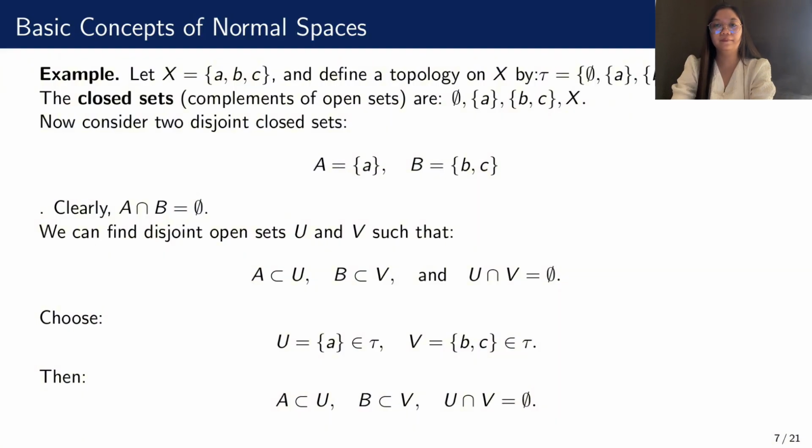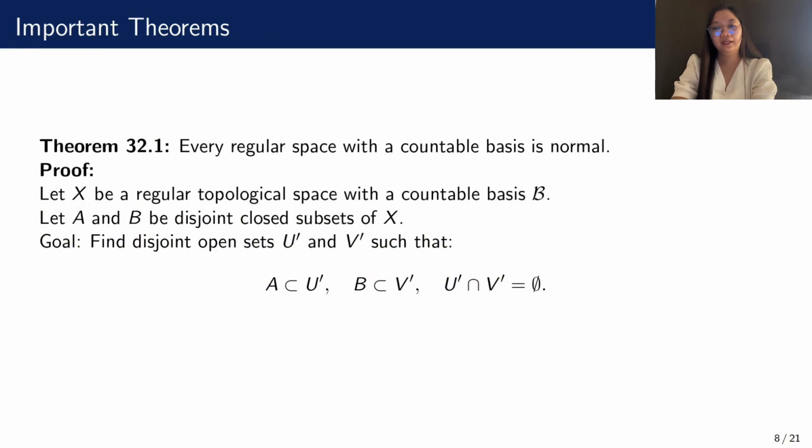Since we have discussed the normal spaces and provided examples, it is time to discuss the second part of this discussion, the important theorems. So I have here theorem 32.1, point 2, and then point 3. For theorem 32.1, it says here that every regular space with a countable basis is normal.